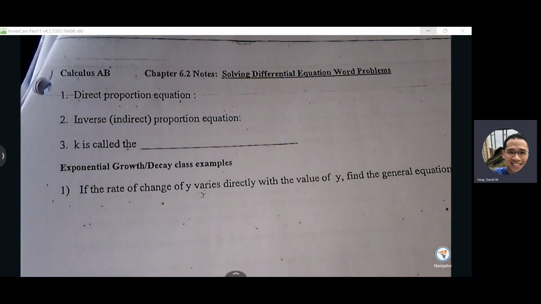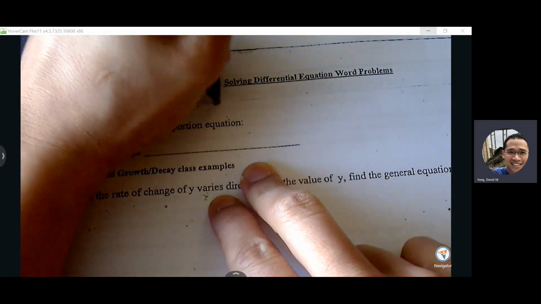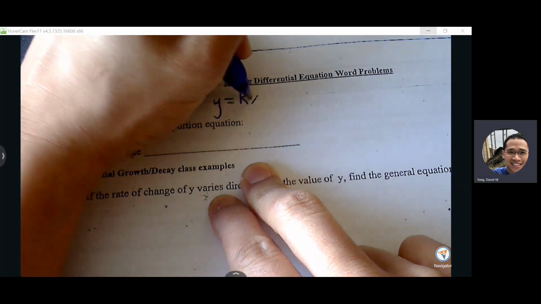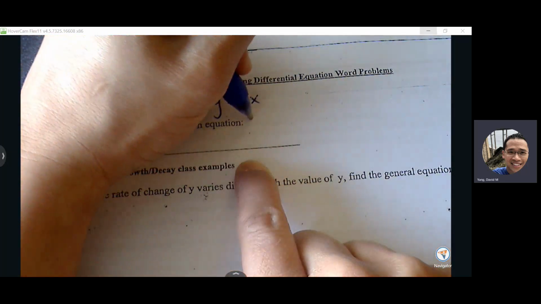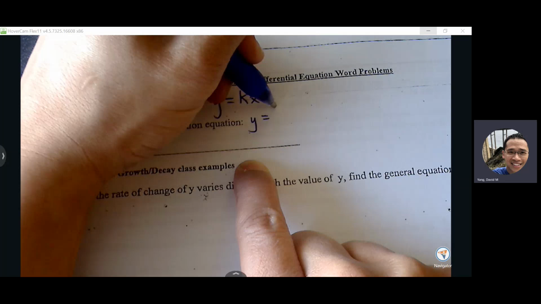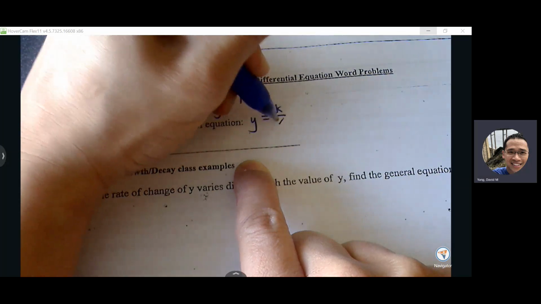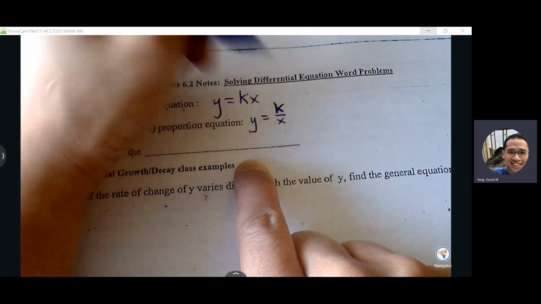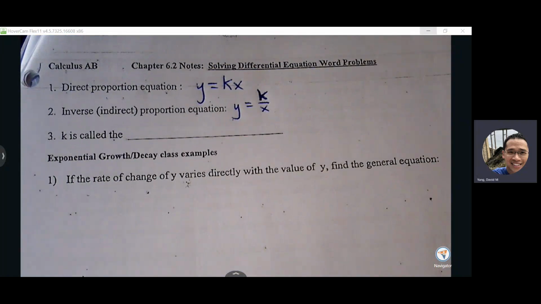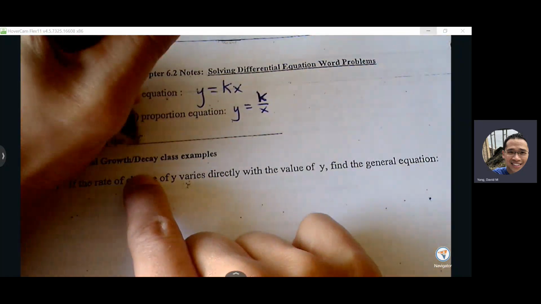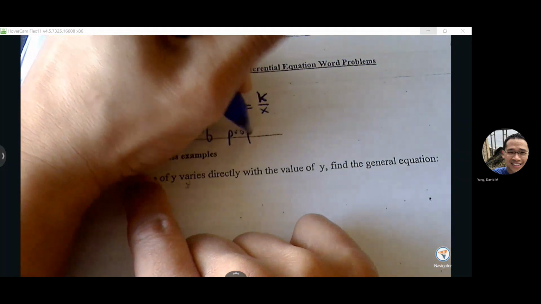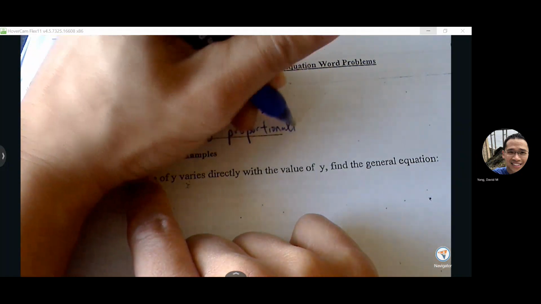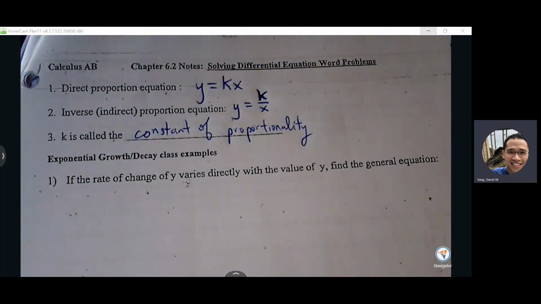That means the two variables, x and y, are directly proportional to each other. So it comes in the form of y equals kx. Indirect proportion is where y and x are inversely related. So x is in the denominator, but the rate that they are related is given by that k. So that k is called the constant of proportionality.